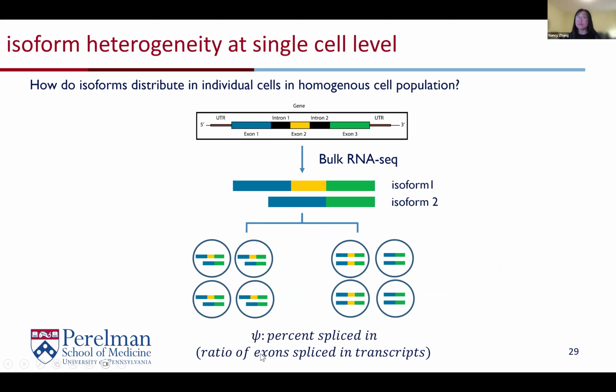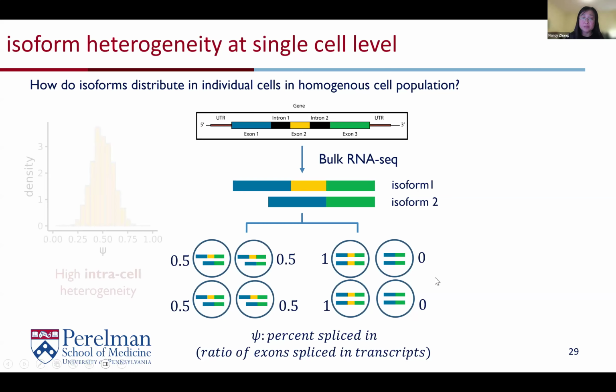So phi varies from 0 to 1. So you see that in a case where there's high intracell heterogeneity, phi is at 0.5 across all cells, whereas with high intercell heterogeneity, phi is at 1 for some cells and 0 for other cells.